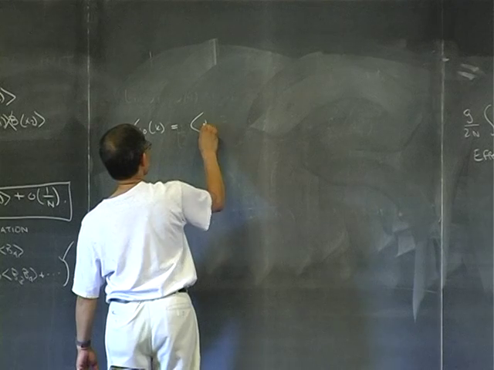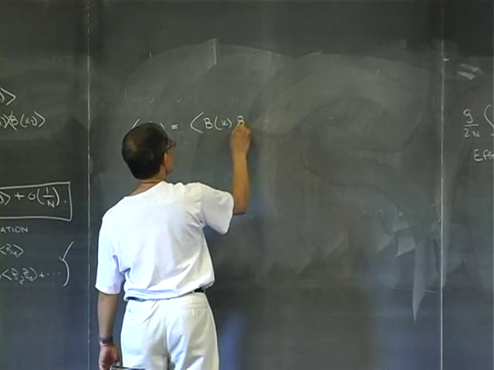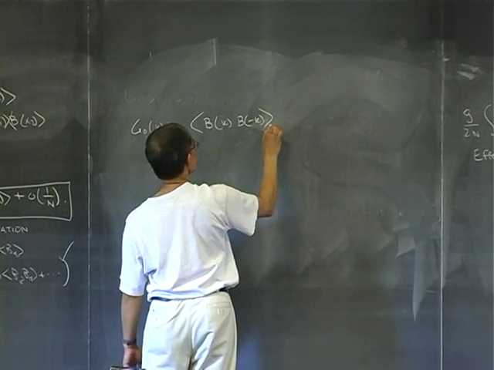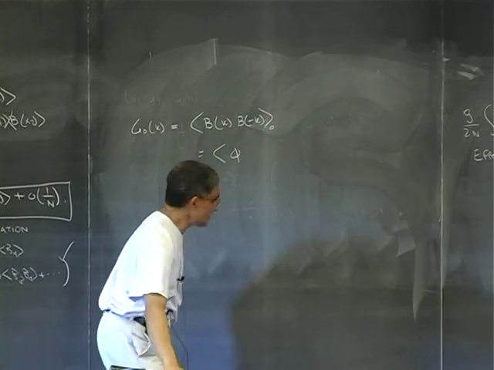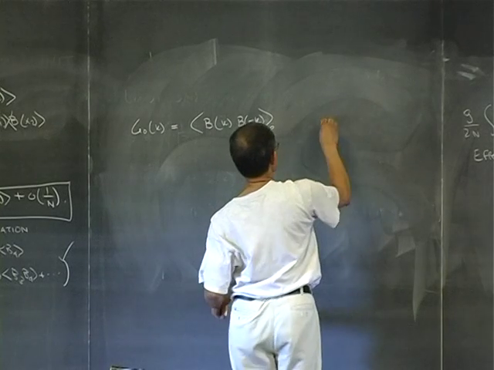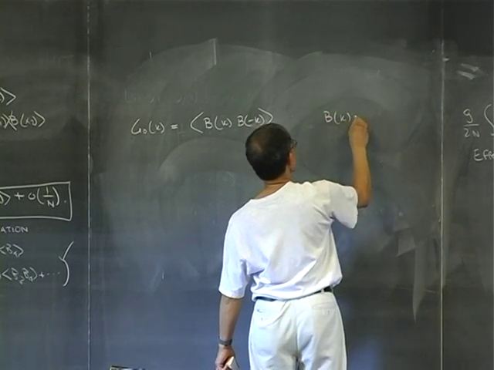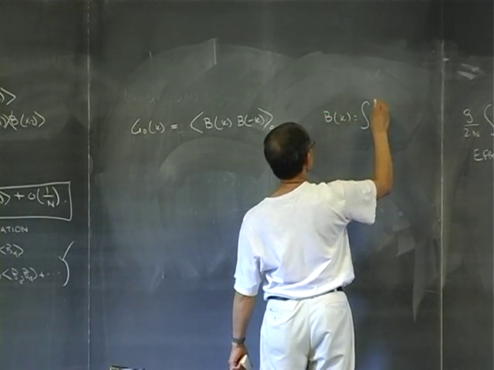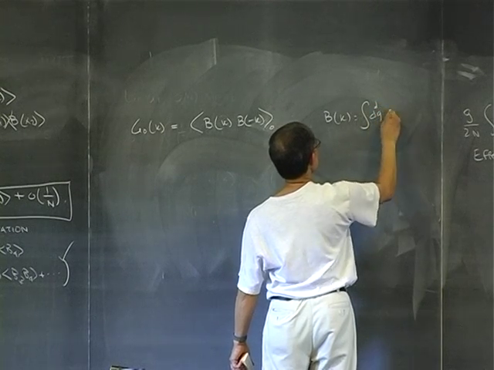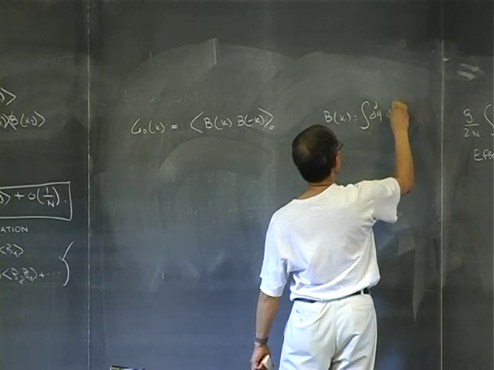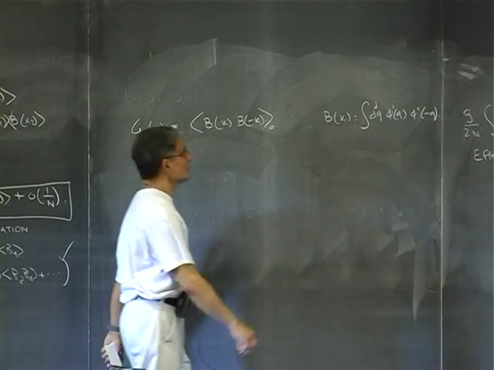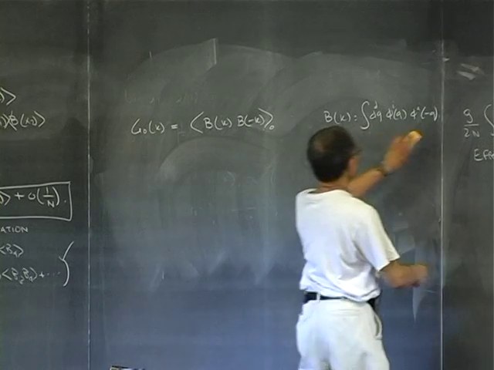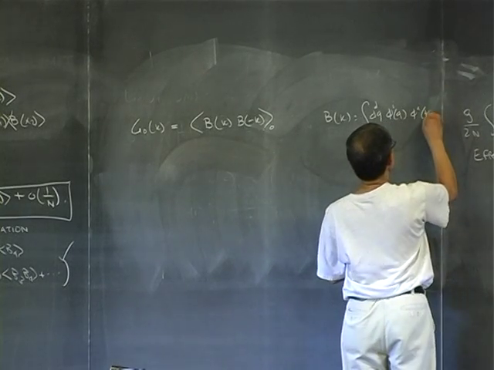B0 of k was the b of k, b of minus k at 0, so that is phi, each b of k is given by ddq phi of q phi of minus q. That was the definition of b, sorry, k minus q.